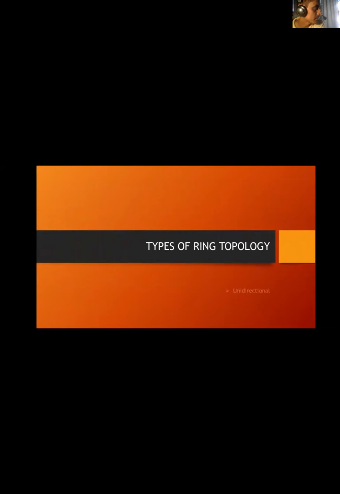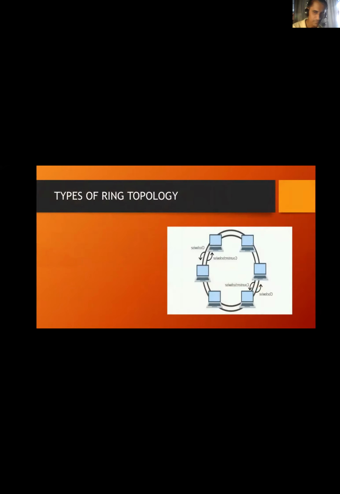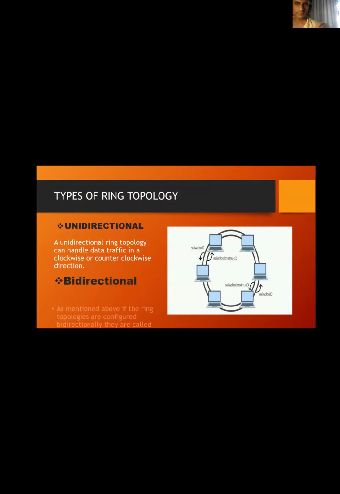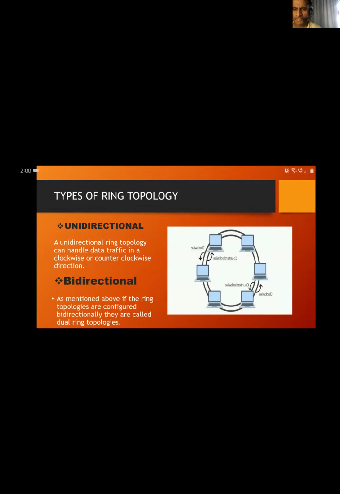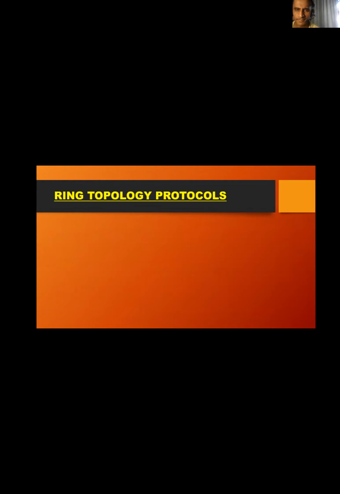Types of ring topology: unidirectional and bidirectional. Unidirectional ring topologies can handle data traffic in a clockwise or counterclockwise direction. Bidirectional ring topologies are also called dual ring topologies.